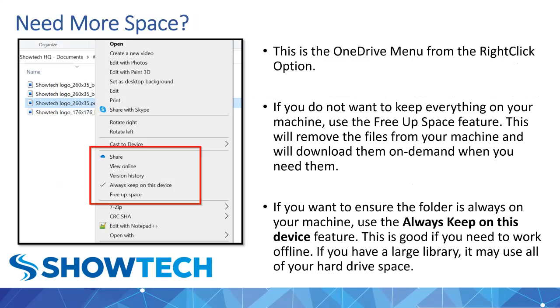Now, when you are sharing those libraries and those big OneDrive folders and all that stuff, you have a really cool option. And what you do is you go to the top folder, you right click it, and you say free up space. Okay. What free up space does is it says, hey, delete everything off my computer, keep it in OneDrive or SharePoint, but I just don't want it on my machine.